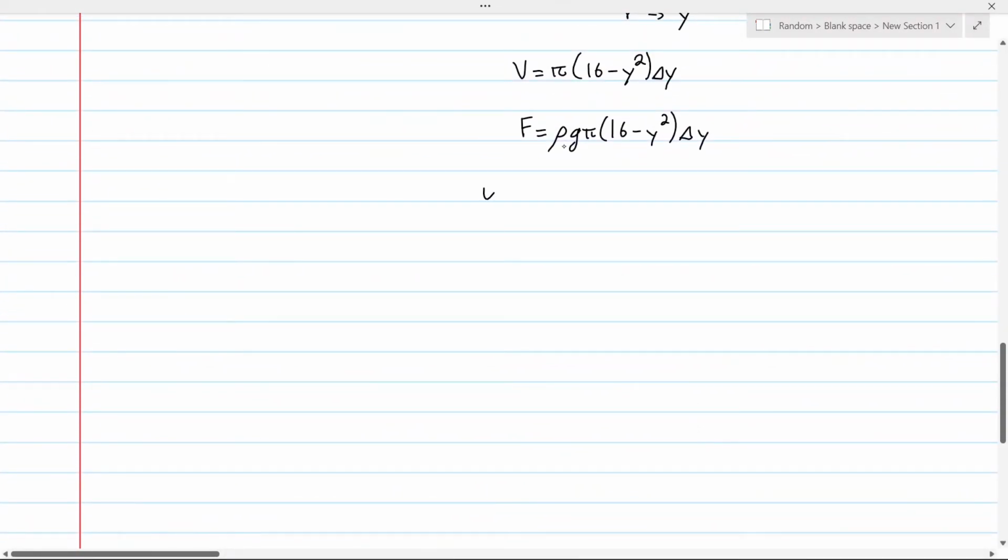Which means the work done is approximately equal to rho g pi 16 minus y squared, 5 minus y delta y for some slice.